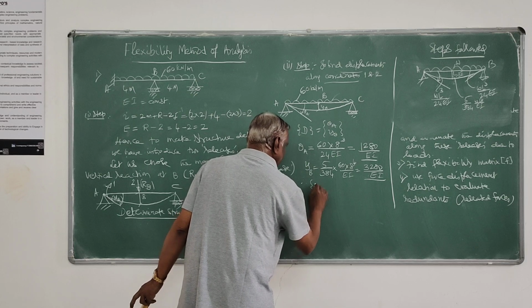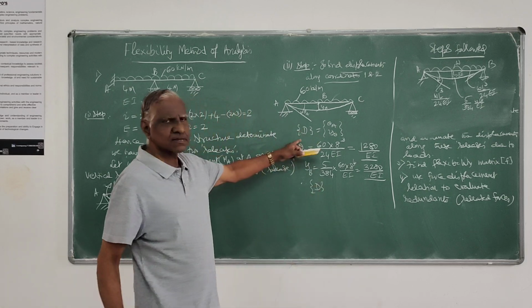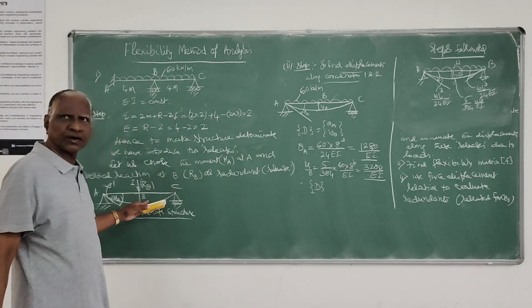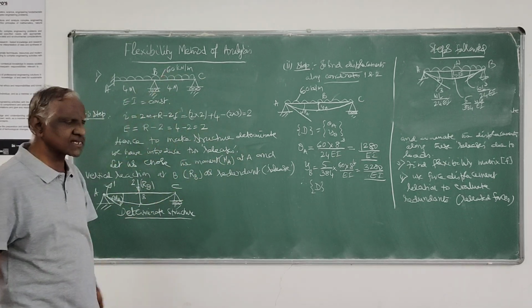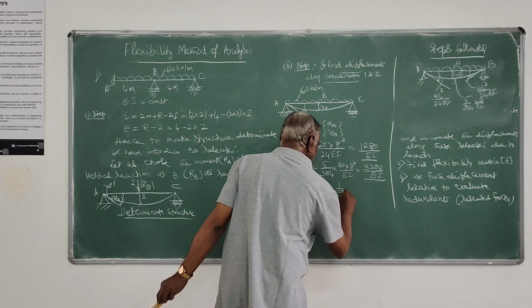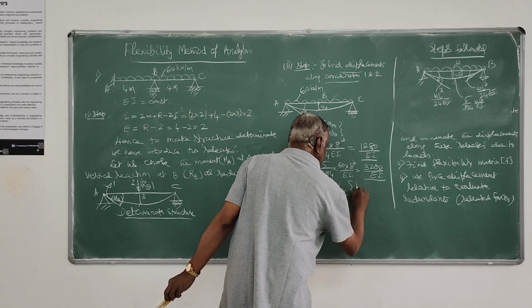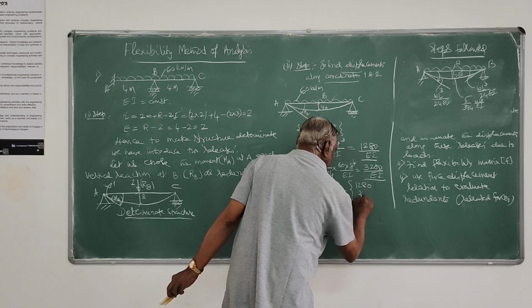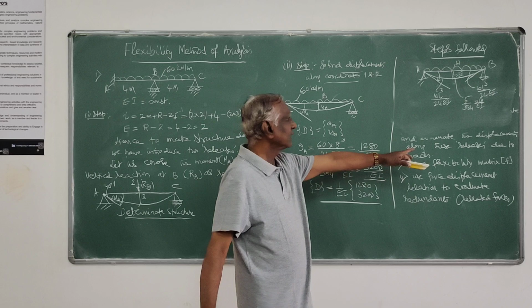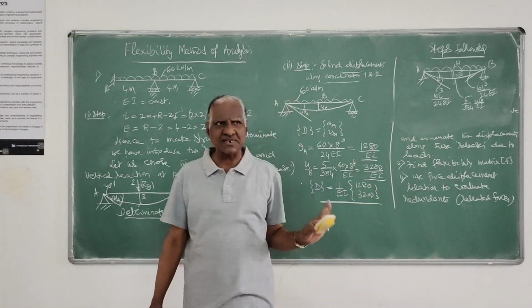Therefore, my D, that is displacement matrix along those releases or redundants on account of the external load, is given by 1 over EI. I will take it outside. It will be 1280 and 3200. So this is your second important step.